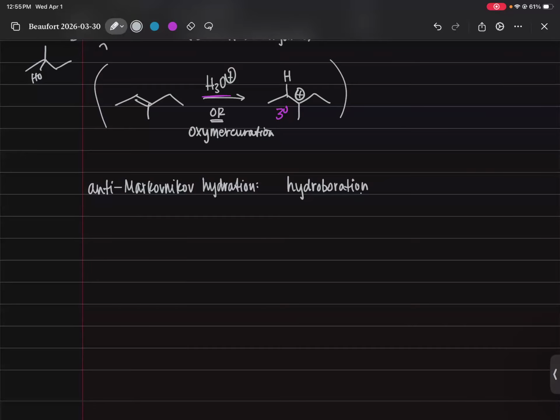This process is called hydroboration. So we're going to use boron instead of mercury. So we can use our same alkene.